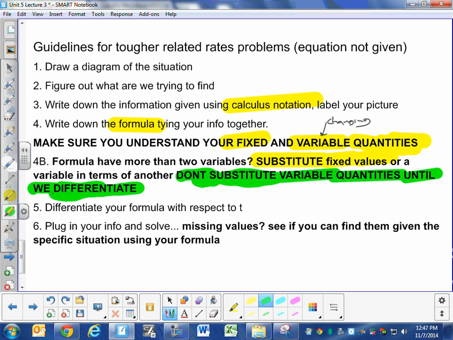So look for that online as well. Now we're going to be looking at that first problem on your packet. So you don't have to copy these down anymore.